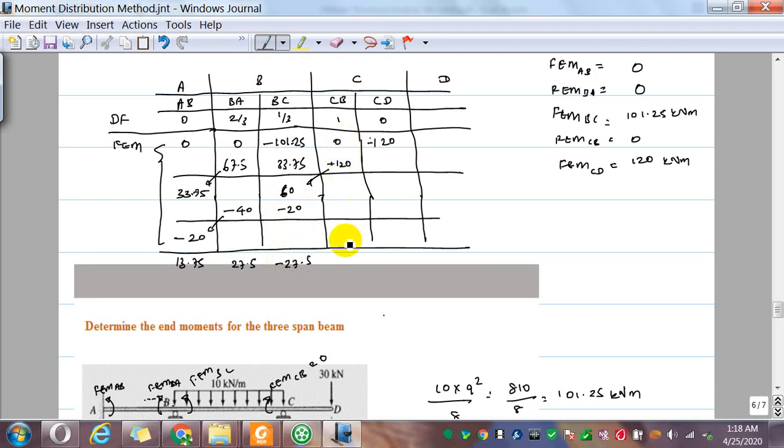Here 0 plus 120 minus 120. So now you can see at all these points, here it can carry a net moment, here it can't carry and it is balancing, here it can't carry, it's balancing. So the net moment at B is 0, net moment at C is 0.